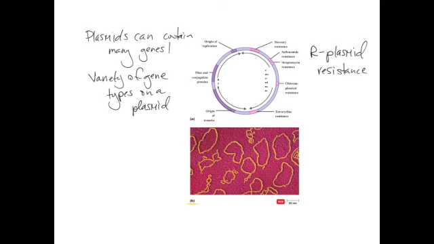In addition, this plasmid also contains resistance to mercury, to toxic mercury compounds, while also having pilus and conjugation proteins as well. So a lot of different things on this one plasmid. And imagine if a bacteria suddenly picked up this plasmid from another bacteria or another species, and it went from no antibiotic resistance to all of a sudden having 4 different types of antibiotic resistance.